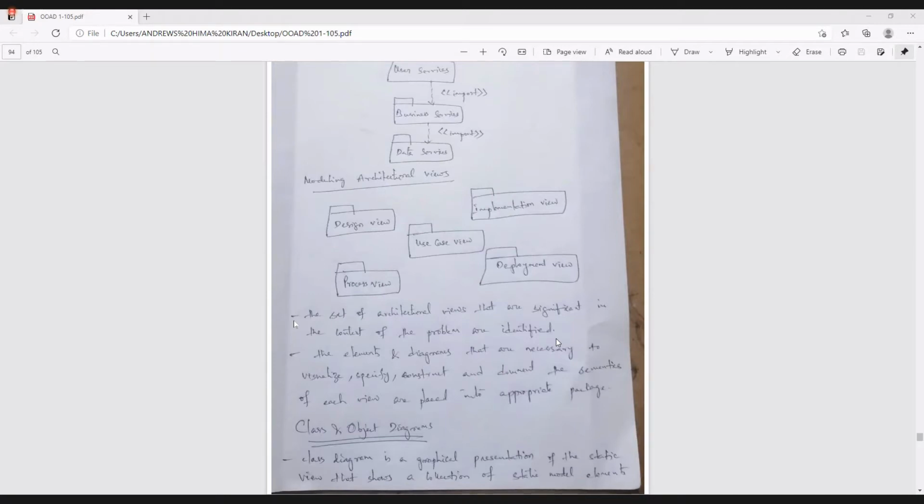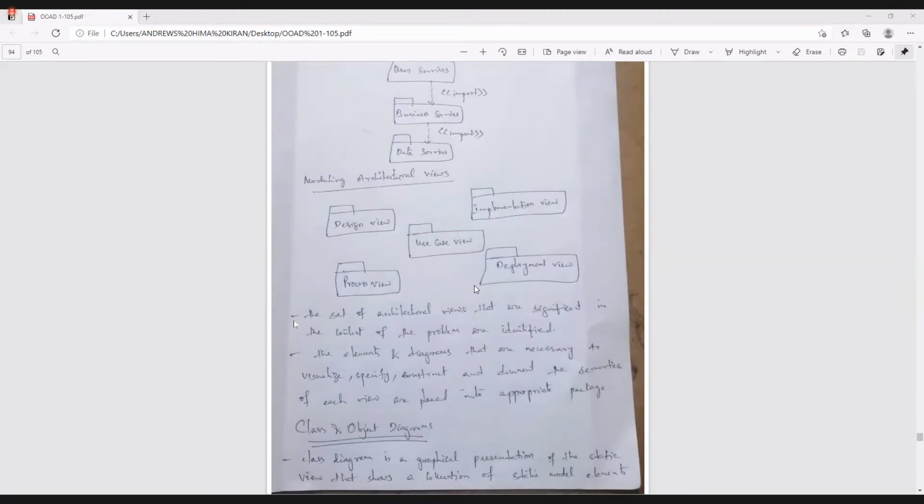Next, the elements and diagrams that are necessary to visualize, specify, construct, and document the semantics of each view are placed into the appropriate package. This point I have just explained previously. That means use case view can be combined with use case diagram, and use case diagram as well as class diagrams can be combined with design view as well as the process view.